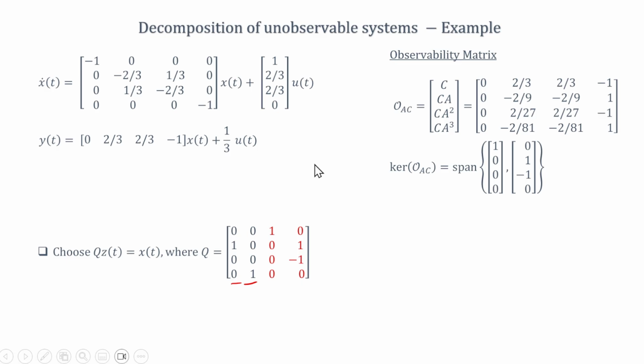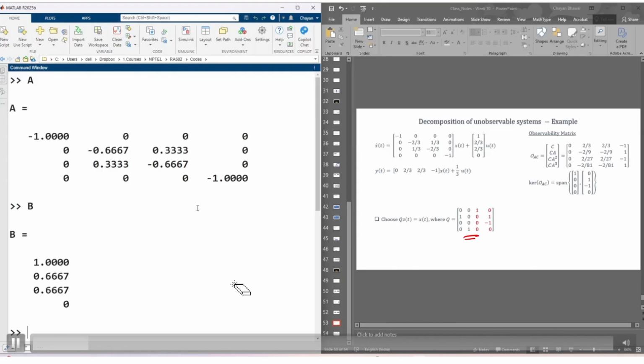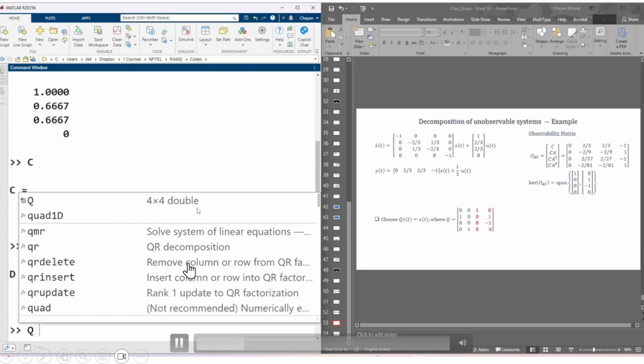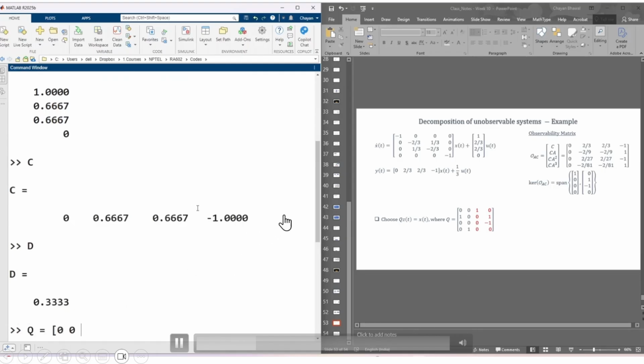So we will use this Q matrix. This is your B matrix. You have the C matrix. D is 1 by 3. Q matrix, I am writing the Q matrix here.